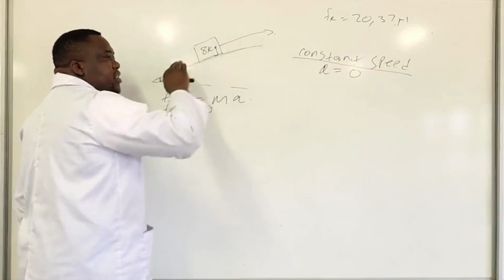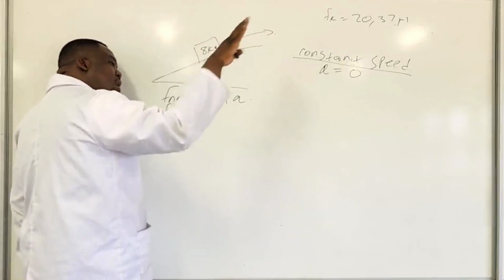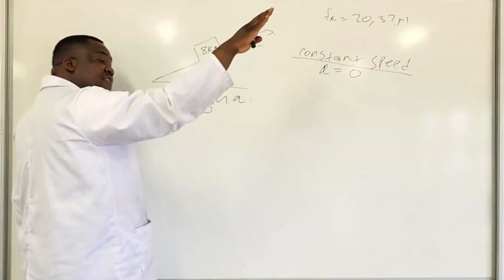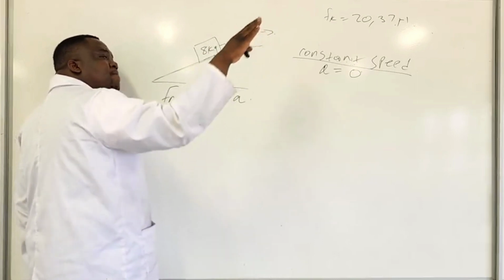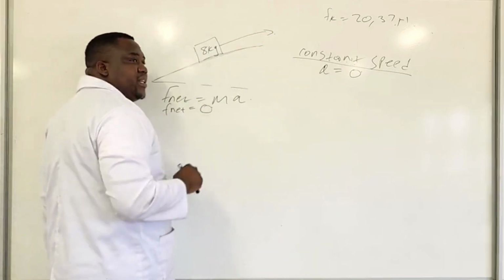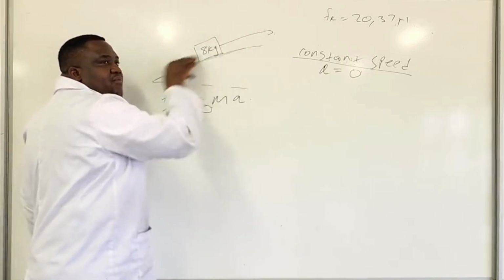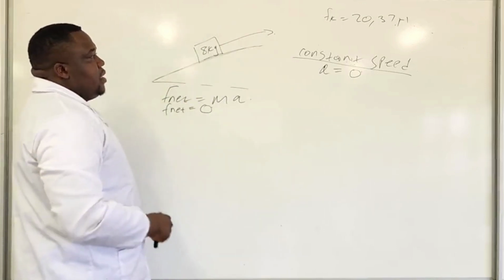This time we focus on forces that are moving like this. Why? It's because the surface is like this. So F net is forces that are horizontal to the surface as a frame of reference. We focus on forces that are parallel to the surface.